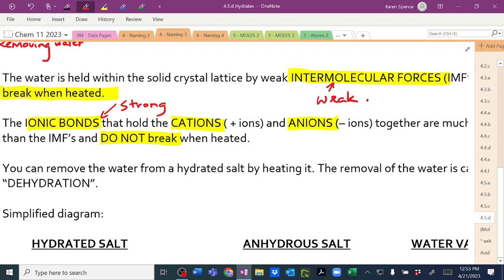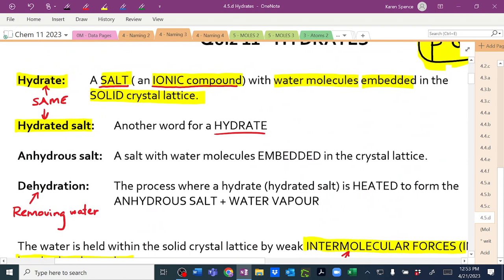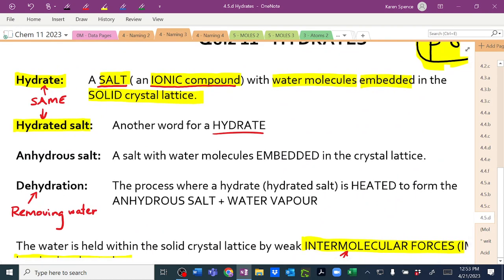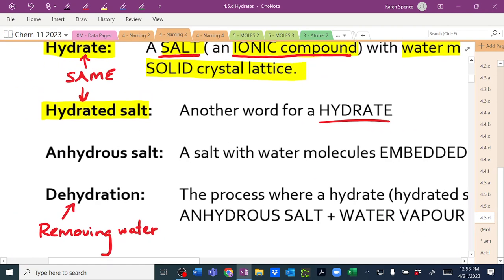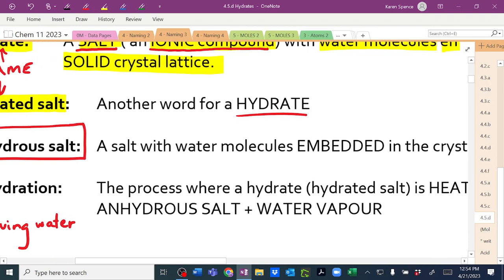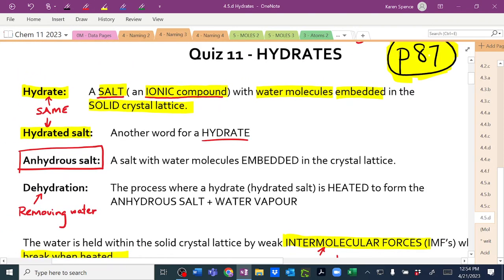And what we're left with after we've removed the water is the anhydrous salt. The anhydrous salt, oh my gosh, this is totally wrong.